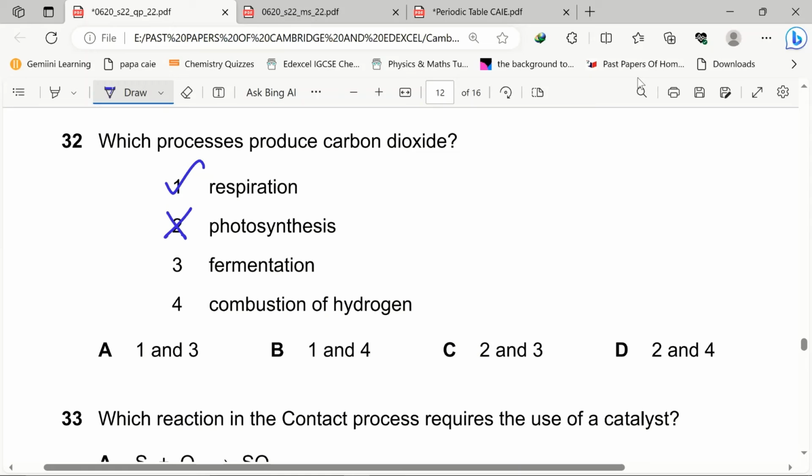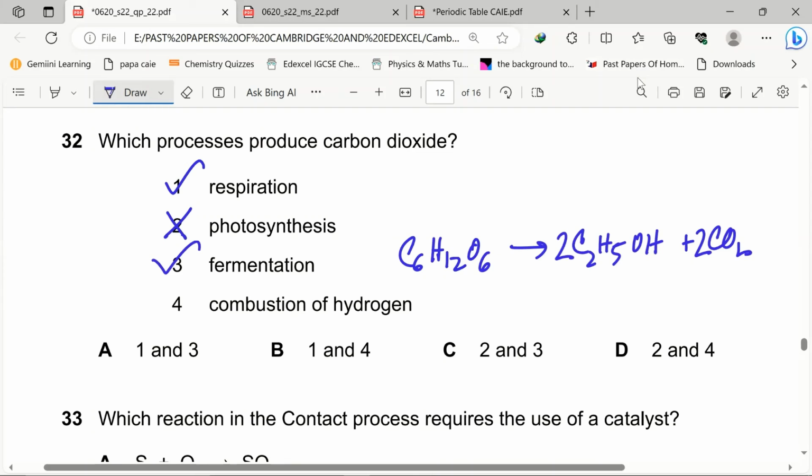In fermentation, we know what happens? Glucose, C6H12O6, forms C2H5OH, which is the ethanol, and carbon dioxide, both produced in 2 moles. So in fermentation, there will be production of carbon dioxide.